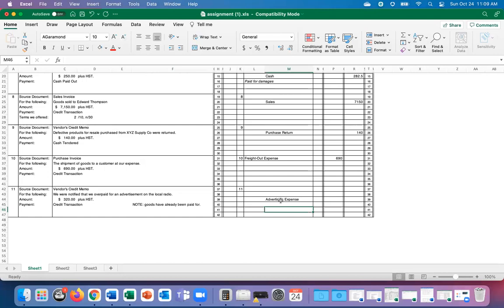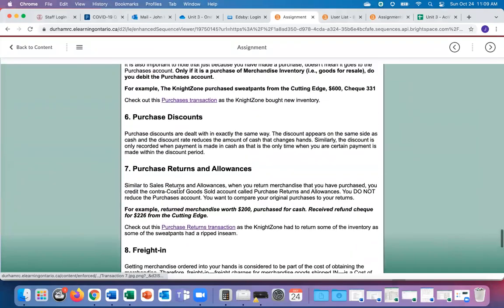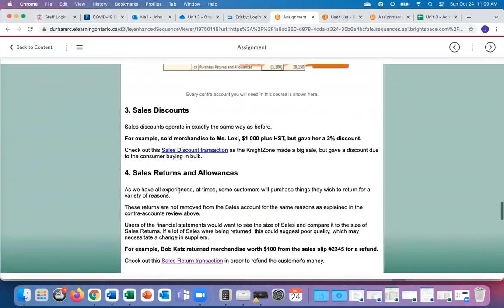So you can approach this one in the same way you would have other journal assignments from previous assignments. Advertising expense account, it's just a regular expense account like you have been used to dealing with. So there really isn't something that you can check it against in the content section.